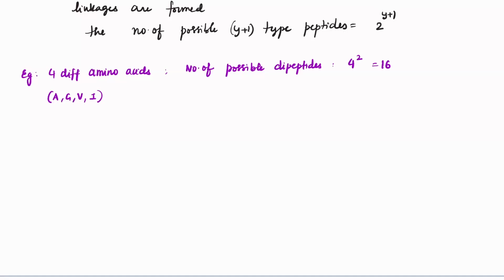So the total weight of amino acids together will be equal to 796 plus 9 times 18, correct? Because this much is the water lost actually, plus 796. So that makes it 958 grams is the total weight.